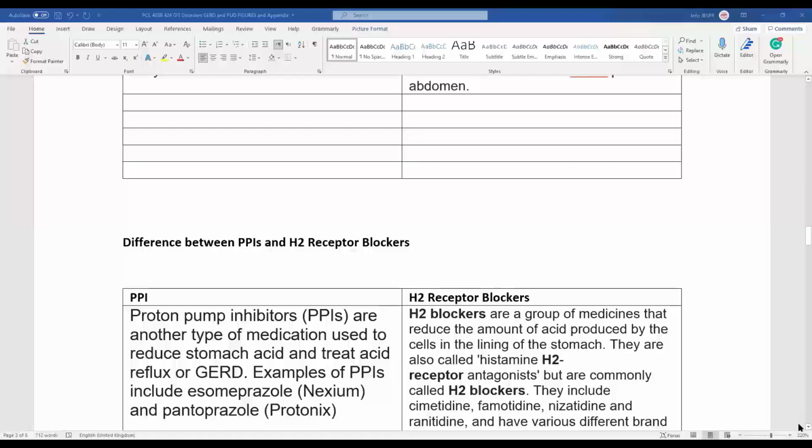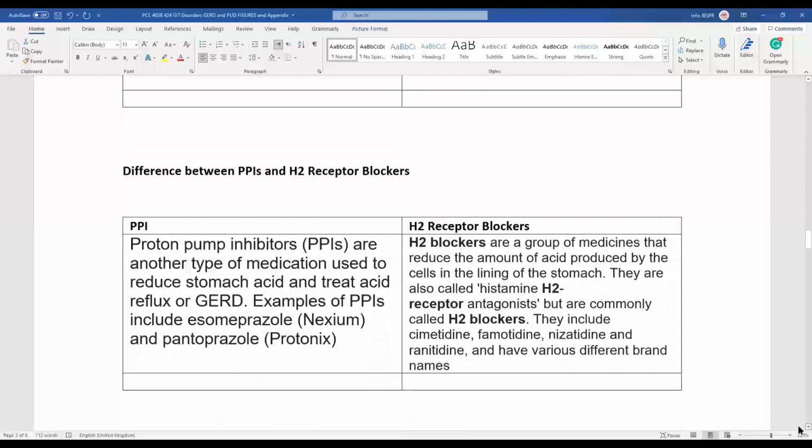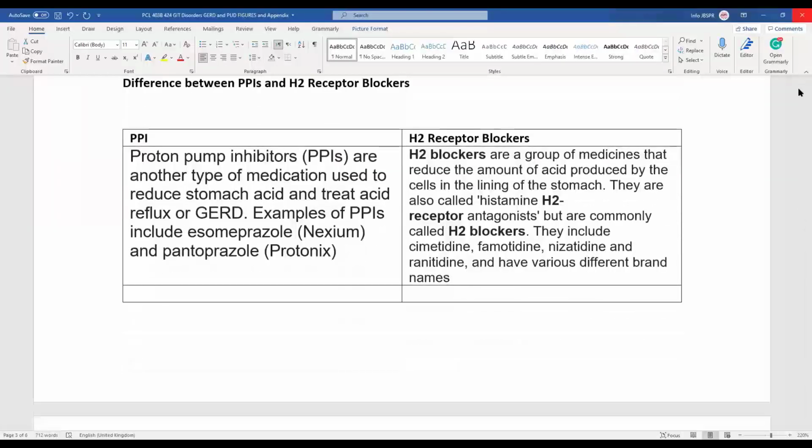I hope the system is not off. Can you hear? Because I can't even see anything now. Share screen. Can we see the screen now?